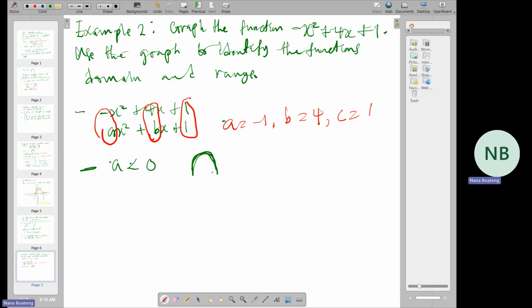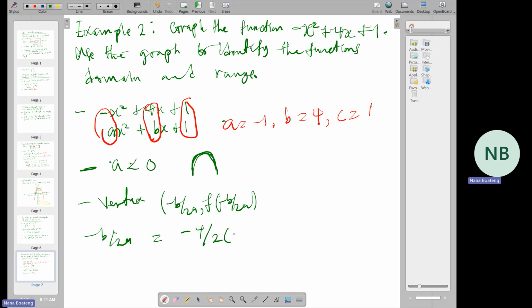And the next thing, let's find the vertex. So the vertex is minus b divided by 2a, and f of minus b divided by 2a. So minus b divided by 2a is equal to -4 divided by 2 times -1. So we have -4 divided by -2, which is +2.